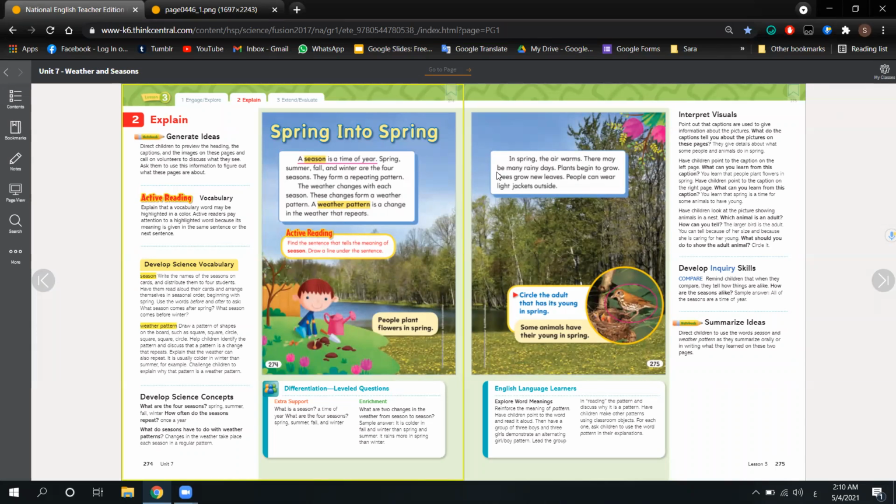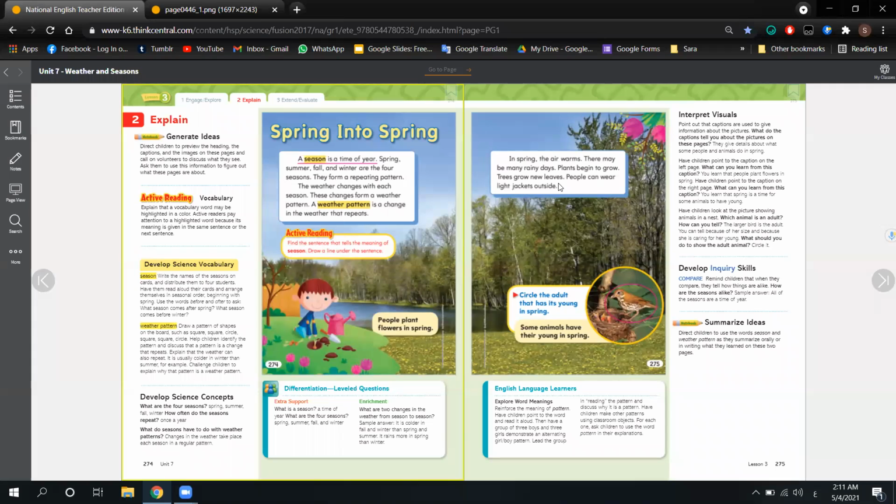There may be many rainy days. It doesn't necessarily rain only during winter. We can have rain also in spring. So there may be rainy days and plants begin to grow, and also trees grow new leaves. This is important, okay?